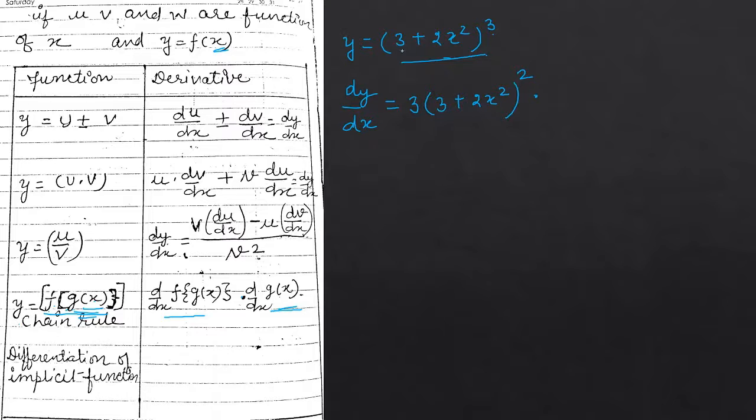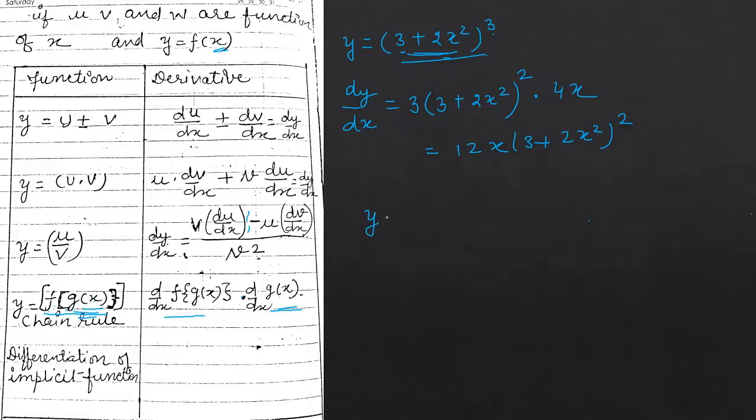Now we will calculate the derivative of these inner terms, right? So the derivative of 3 will be 0 as it is a constant, and the derivative of 2x² will be 4x. Okay, so this is the answer. dy/dx is equal to 12x (3 + 2x²) whole raised to 2.